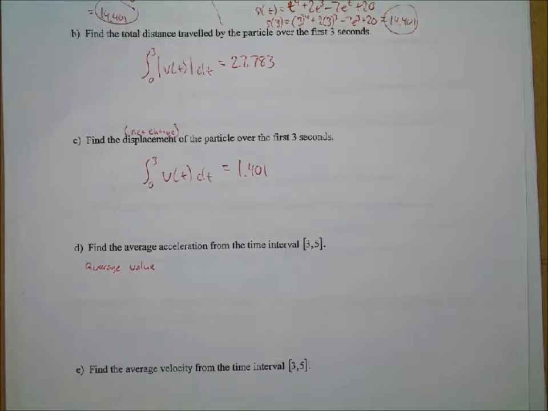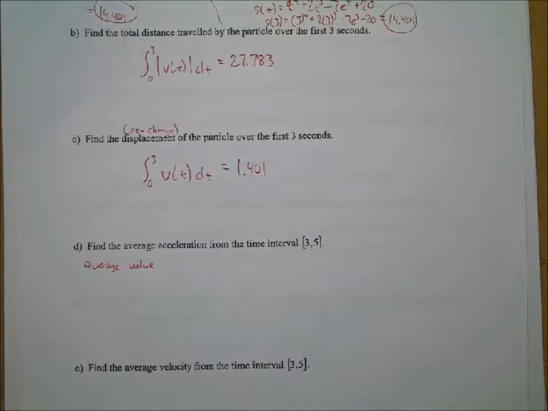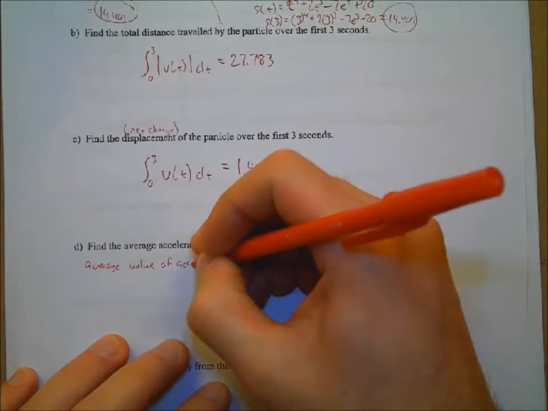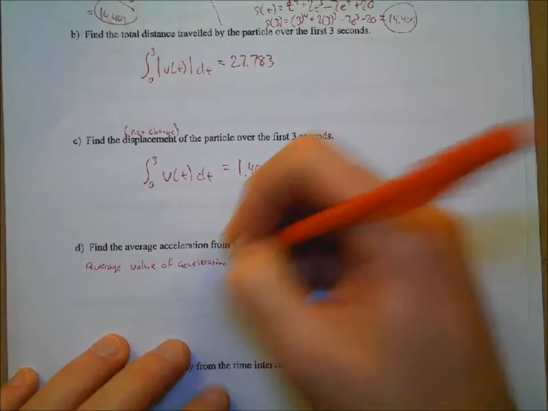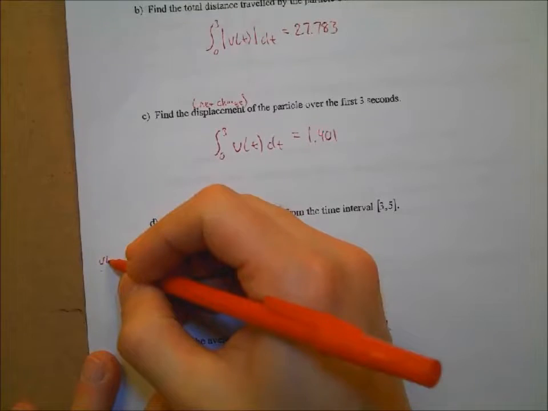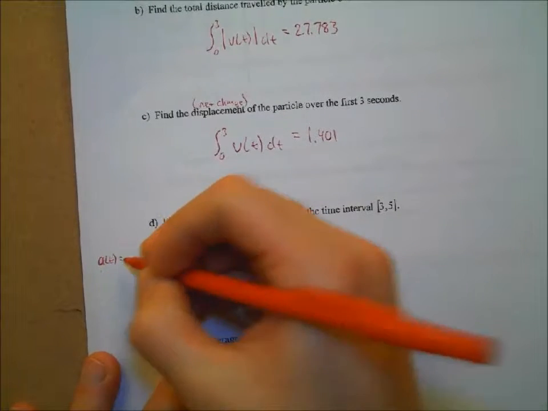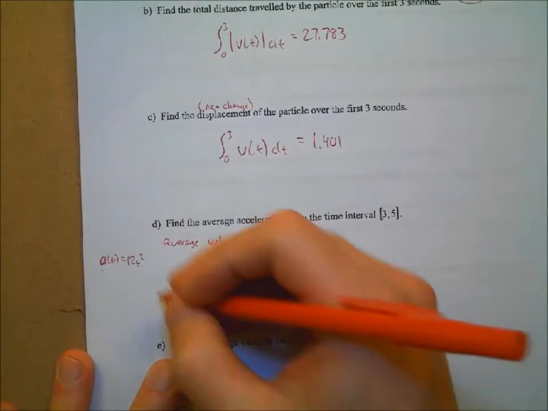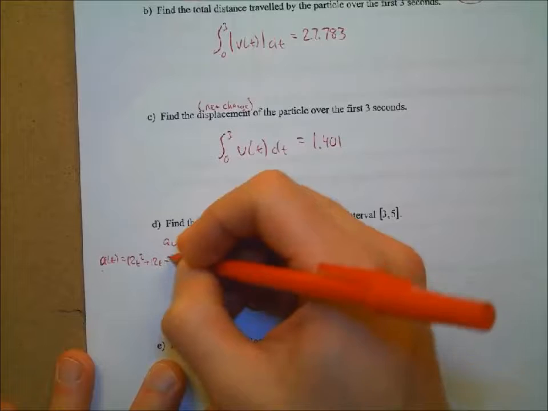If we're going to use average value, what function do we need for the acceleration? Okay, do we have the acceleration? How can we find the acceleration? Derivative of velocity. Right, so we'll say a of t, I'm going to go ahead and take the derivative of it, is going to be what? 12t squared plus 12t minus 7e to the t.